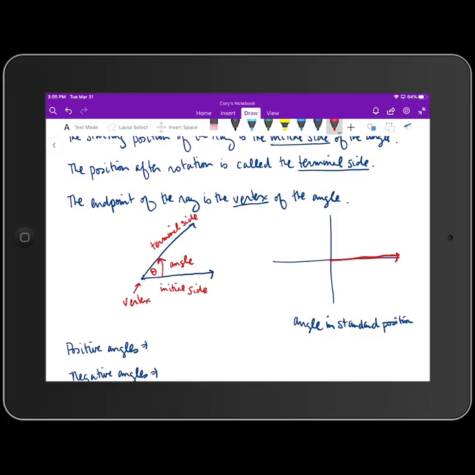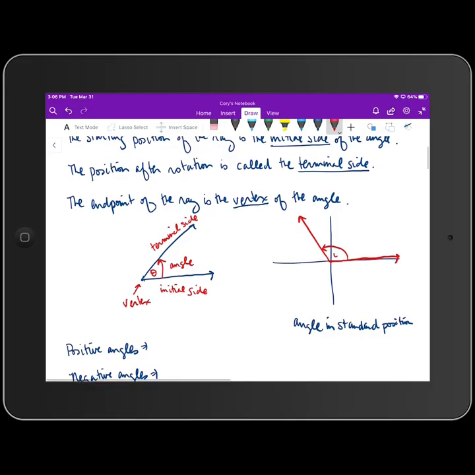The vertex is located at the origin, and then we rotate that ray either clockwise or counterclockwise, making the terminal side. I can draw the terminal side like this, again with an arrow indicating the direction of rotation.